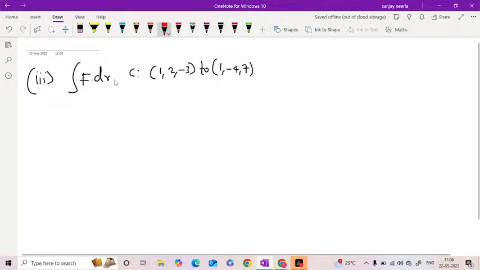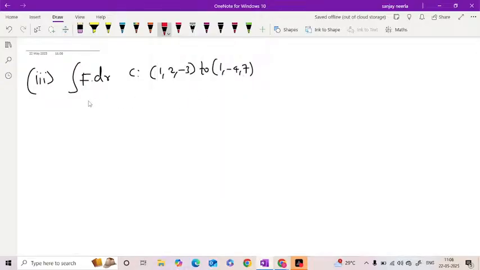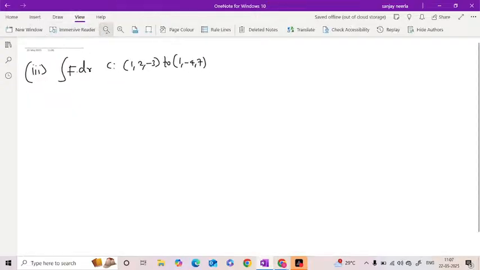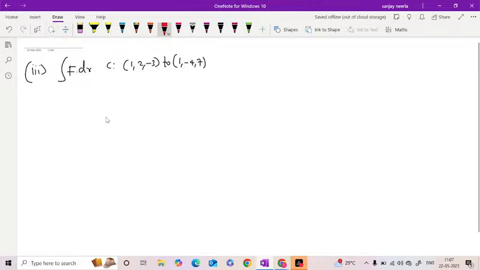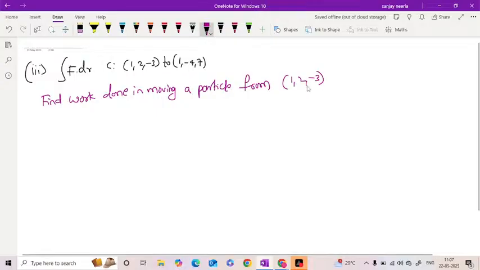Or the second way to write it: find the work done in moving a particle from the point 1, 2, minus 3 to 1, minus 4, 2.